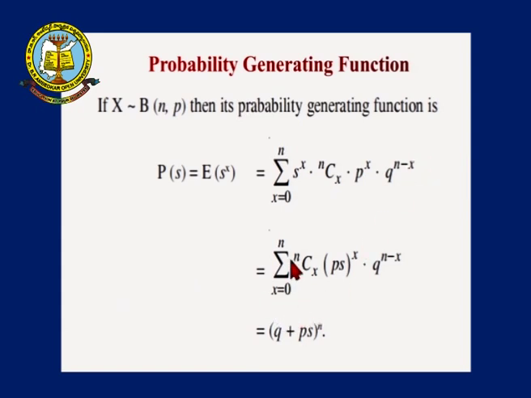Here s to the power of x and p power x have equal powers, so I can write (ps) whole to the power of x into q to the power of n minus x. After expansion of this summation, we get (q plus ps) whole to the power of n. This is the probability generating function of the binomial distribution.